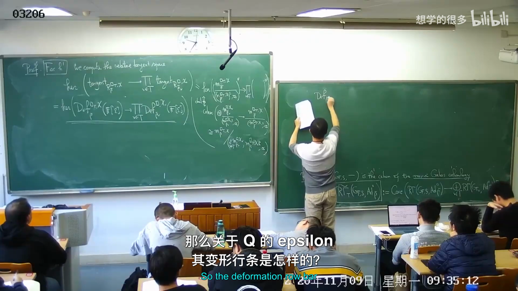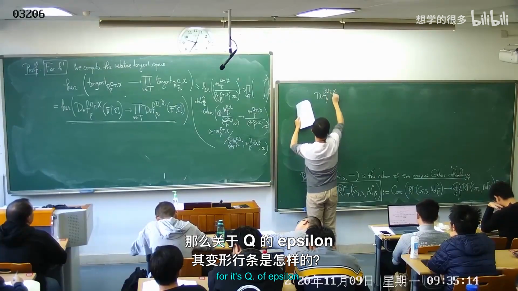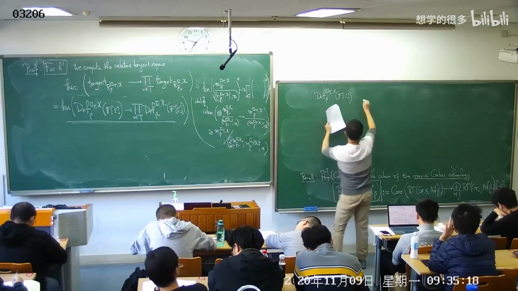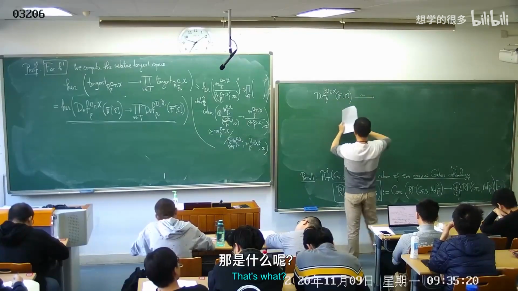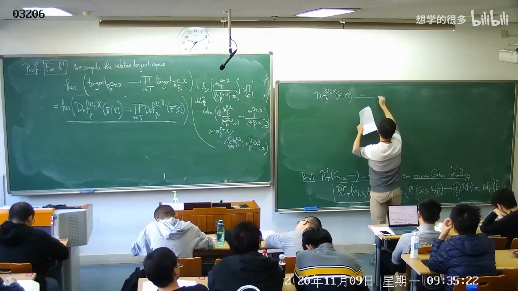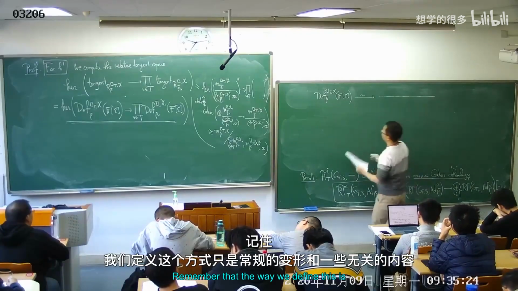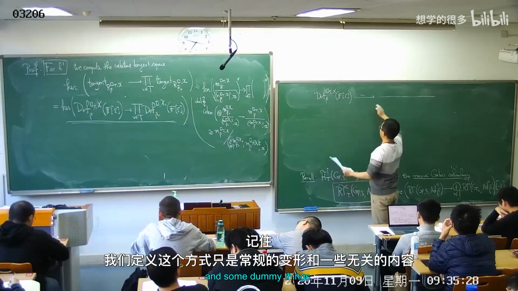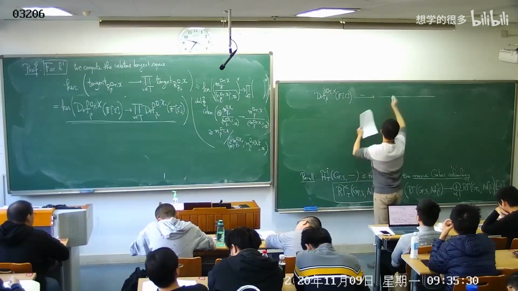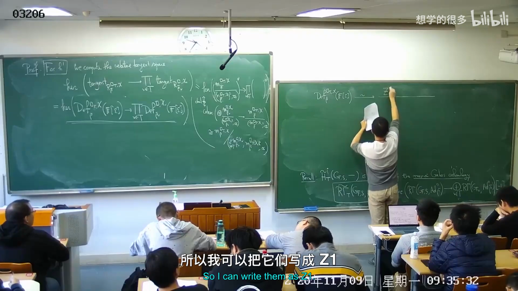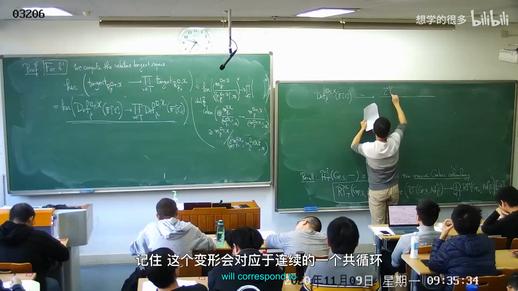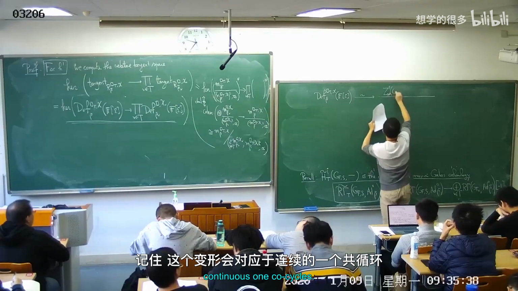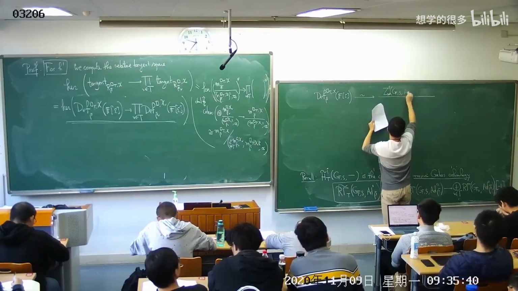So the deformation rho bar for T chi of epsilon. What is that? Remember that the way we define this is just the usual deformation and some dummy things. So I can write them as Z1. Remember, the deformation will correspond to continuous one cocycles.